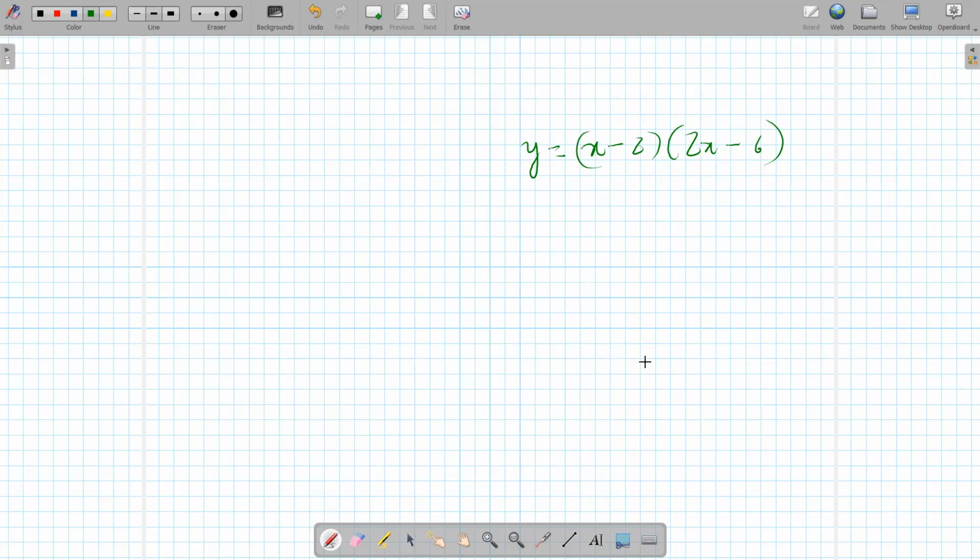Is the leading coefficient positive or negative? Positive. Right, it's 2. So it's a parabola that opens upwards. Where are the zeros of this guy? There are 2 zeros.